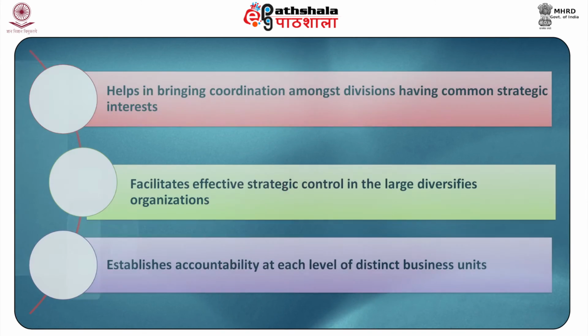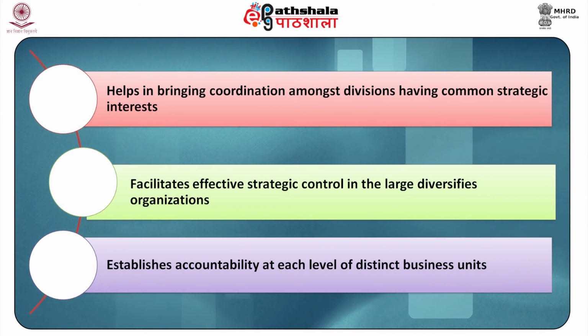The advantages that the SBU organization structure offers are that it helps in bringing coordination amongst divisions having common strategic interests, facilitates effective strategic control in large diversified organizations, and establishes accountability at each level of distinct business units.